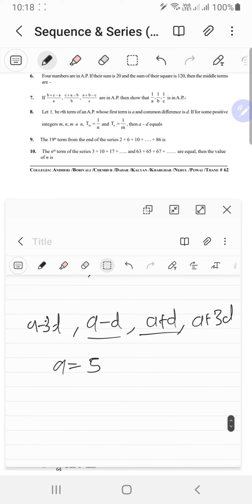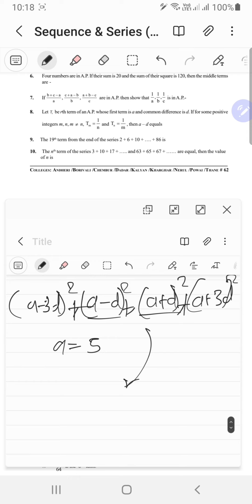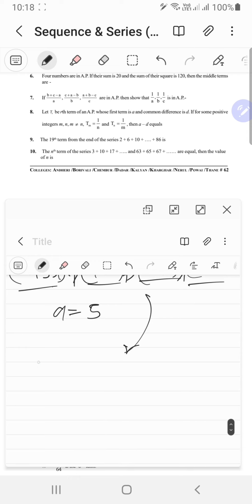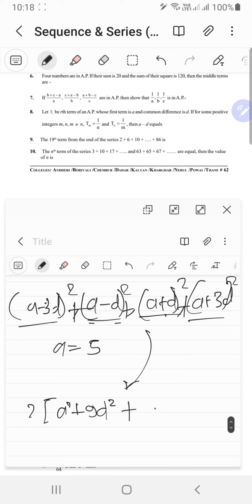So this whole thing, the sum of the squares of these, that will be a minus 3d squared plus a plus 3d squared, combine them, that will just be 2 times a squared plus 9d squared. And similarly, combining these, you just have 2 times a squared plus d squared.